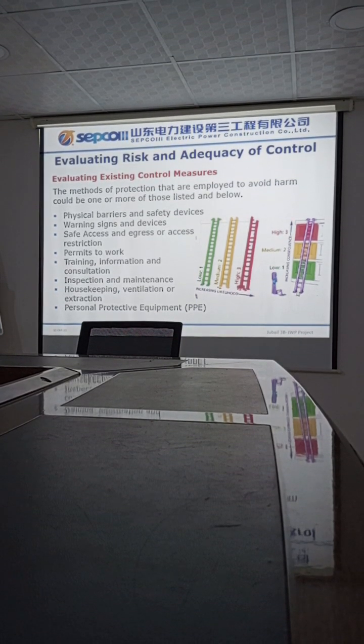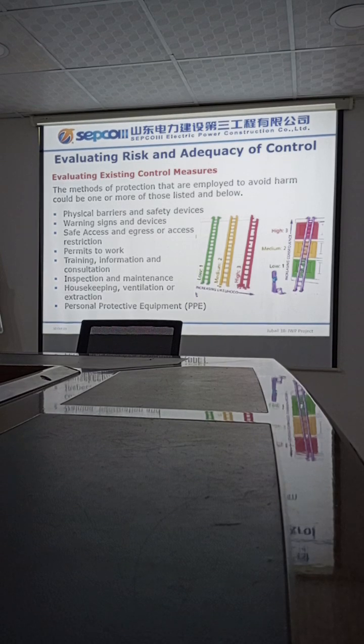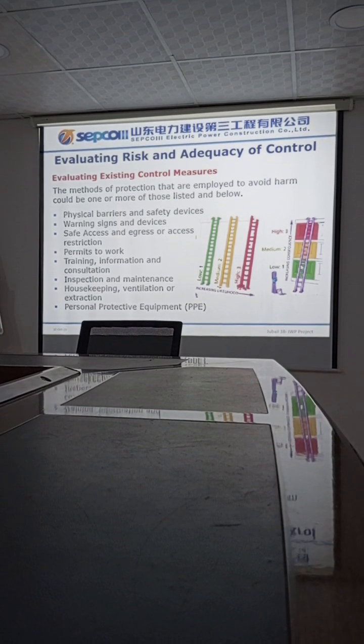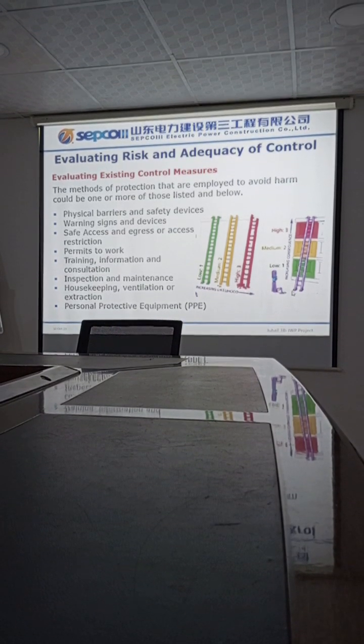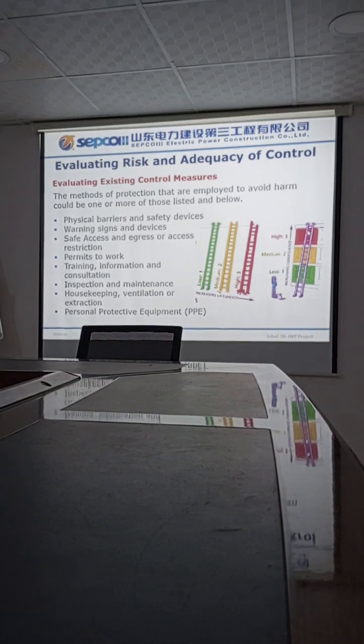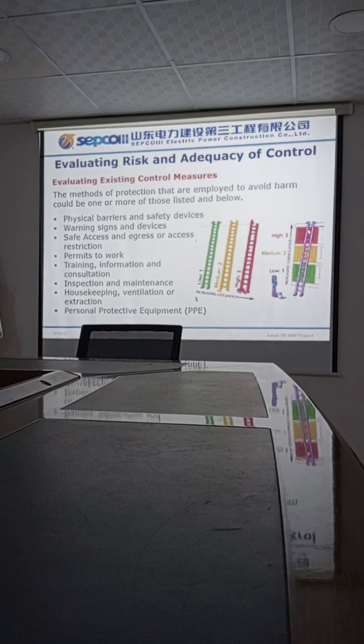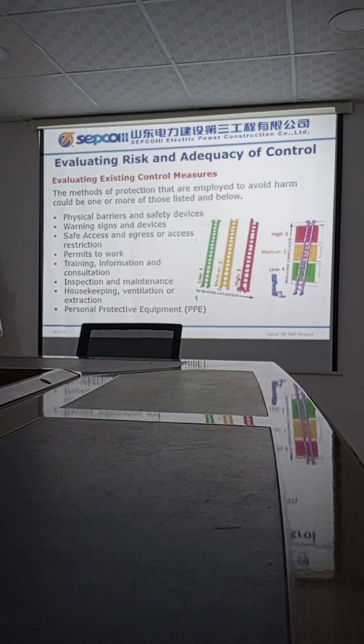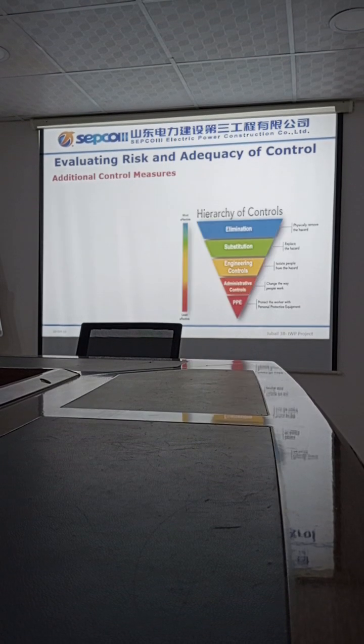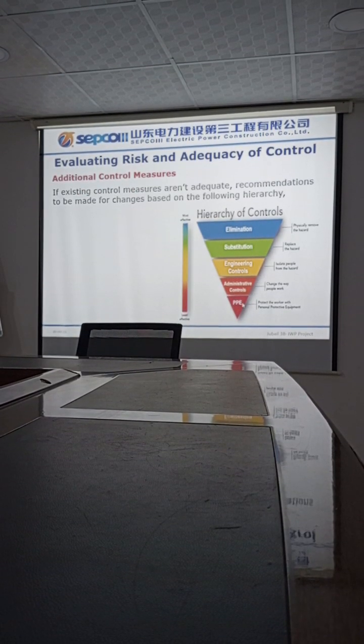Because if we climb here, it is low, because maybe if you fall down here, okay, small injury. Medium, up to the last, more high. Okay, the higher, the higher the risk, for severity. So this is the hierarchy of controls. As you can see here, PPE is the last one.